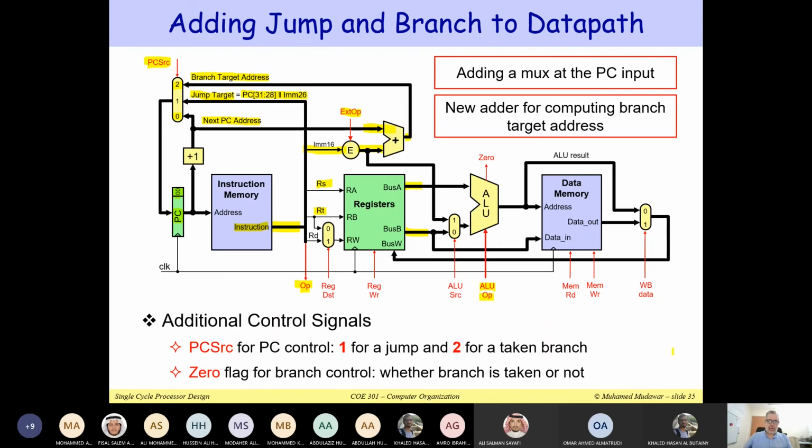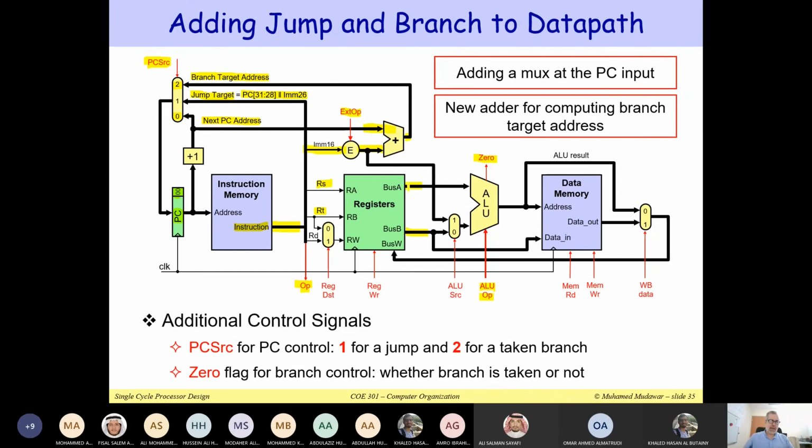Now we need also a 0 flag. This is important now. Why? Because we need to determine if the branch is taken or not taken. So this 0 flag is going to be produced by the ALU itself, because we are going to use the ALU for doing comparison, to check if the value of register RS is equal to the value of register RT.